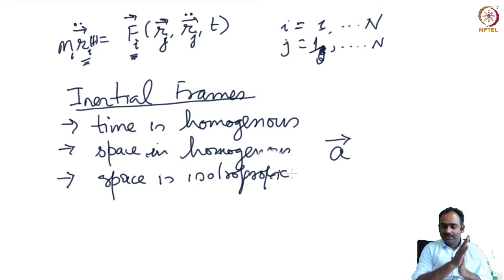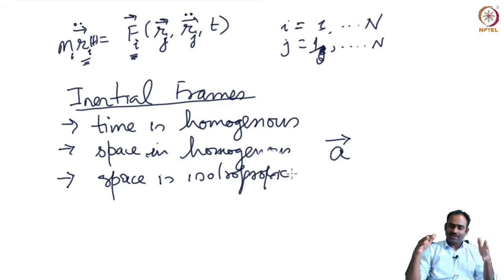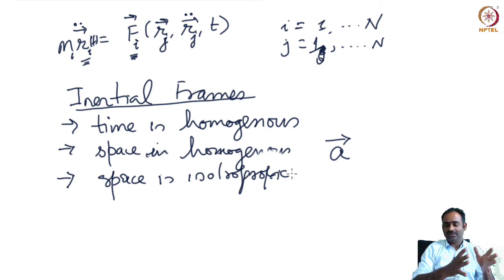Very nice. So you see, what we have written down is really nice. We are not telling what will happen to a particle when it is in such a frame. We are telling things about how time behaves in such frames.